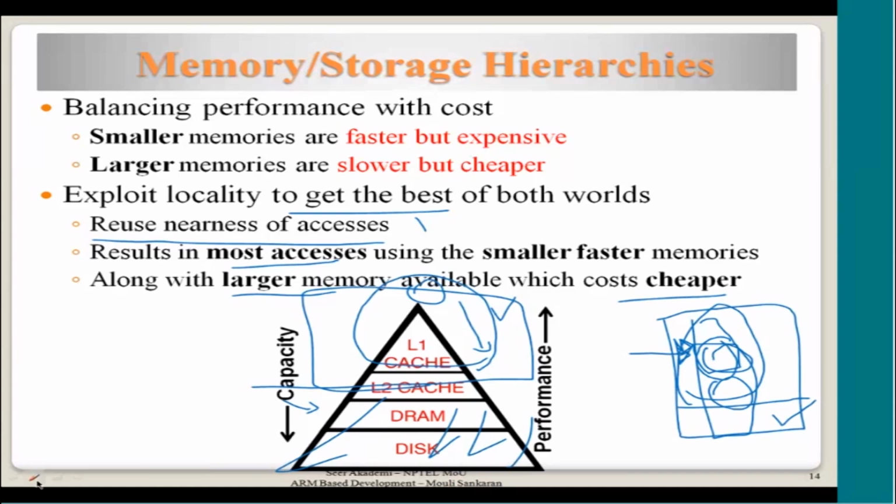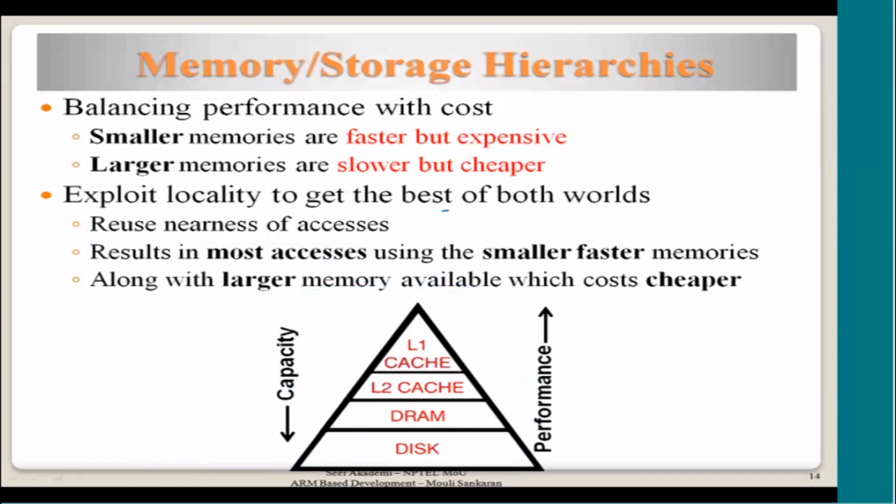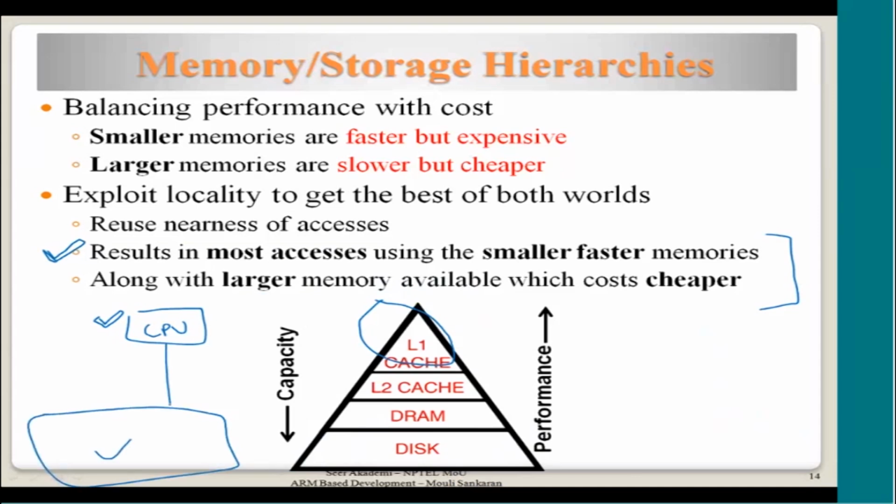So what are you trying to achieve? Most of the memory accesses of the CPU are only to the local memory, that means the faster memory. So most of the memory accesses are fast, which means we have a faster memory from the CPU perspective. But I am also able to keep a larger program, and run this larger program with this hierarchy.